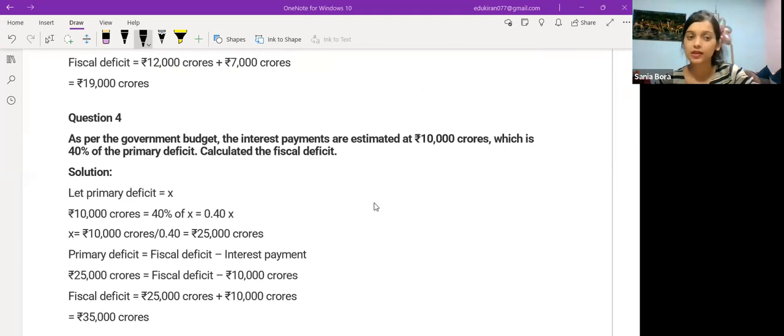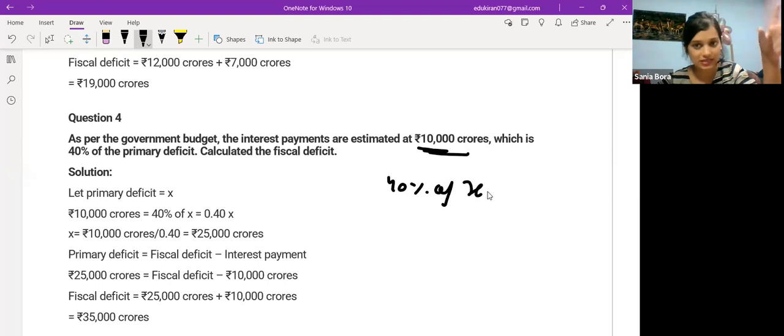Over here they have given as per government budget, the interest payment is 10,000 crore, which is basically 40% of the primary deficit. So 40% of X equals 10,000.